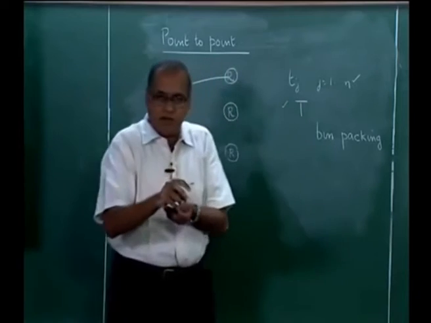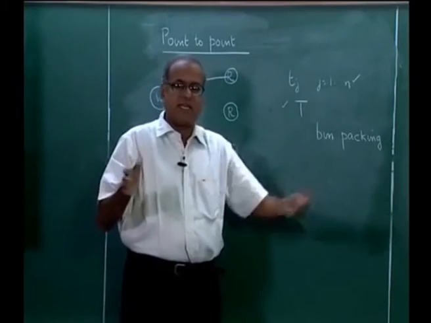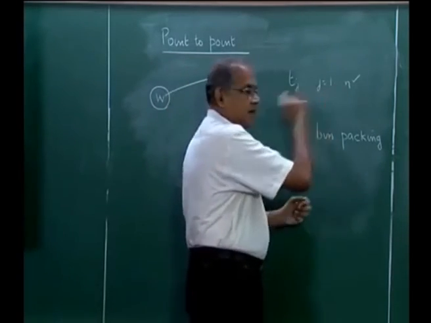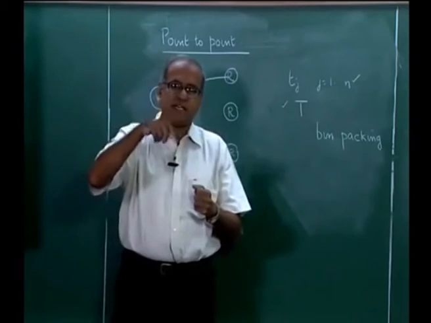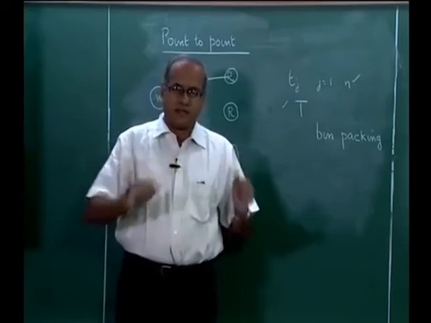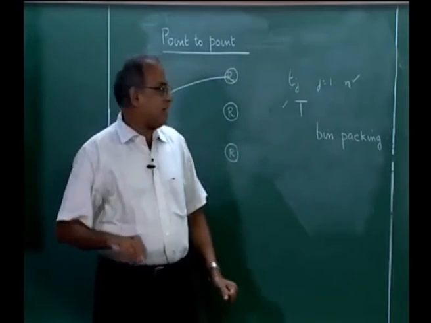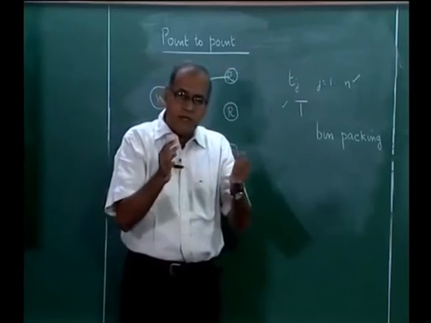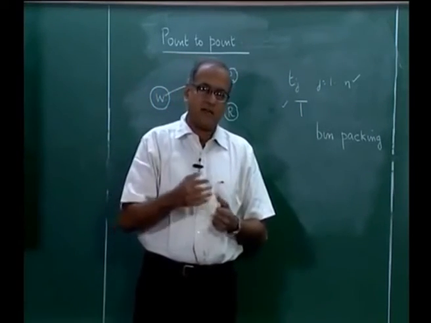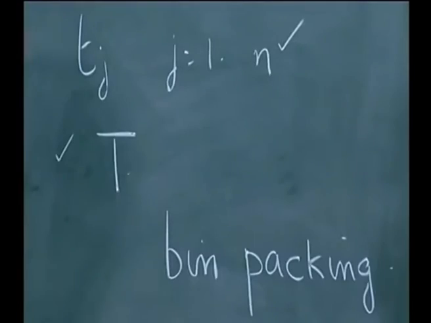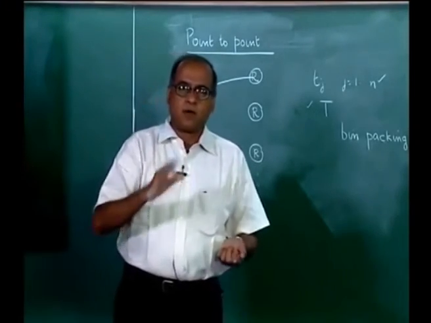What is the minimum number of the longer sticks of length T that I require, through which I can break them and get these n lengths, where the jth smaller stick has length tj? That is another way of looking at this. The third way to look at this is, given n numbers t1 to tn, form the minimum number of groups such that the sum of the numbers in each group is less than or equal to capital T. All these are descriptions of what is called a one dimensional bin packing problem.